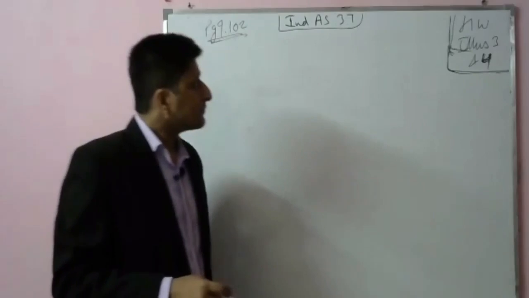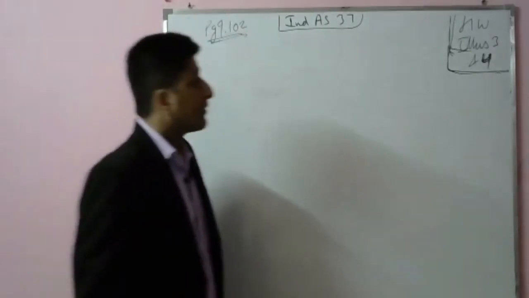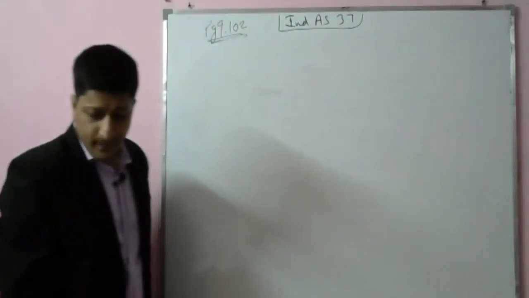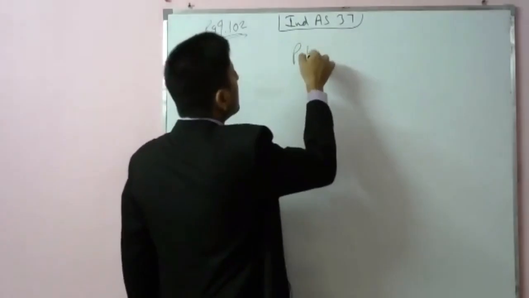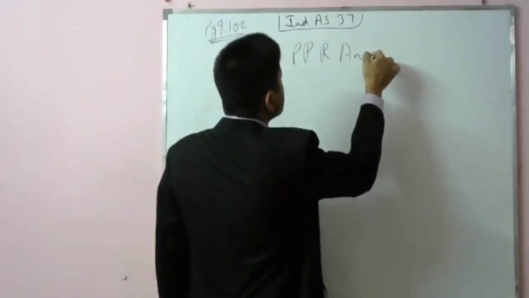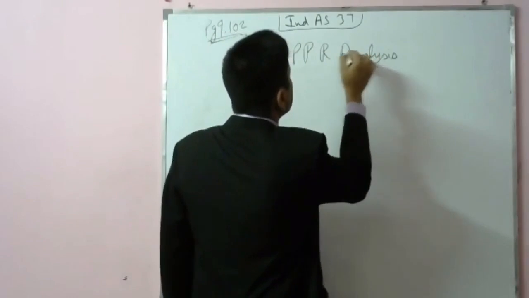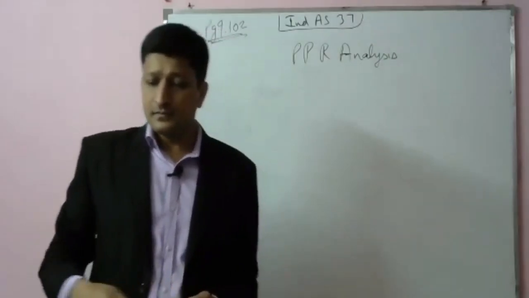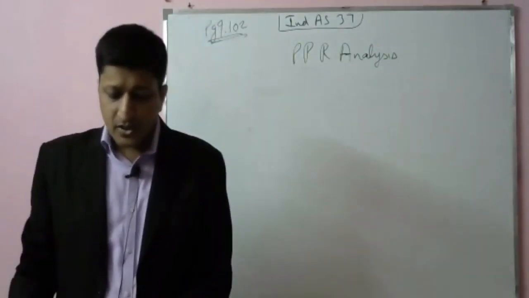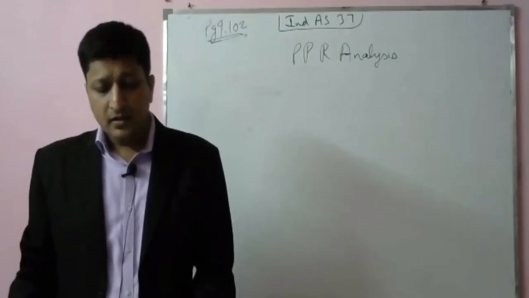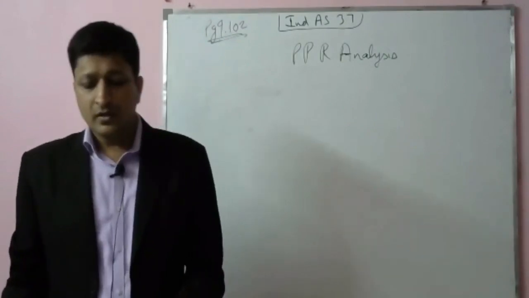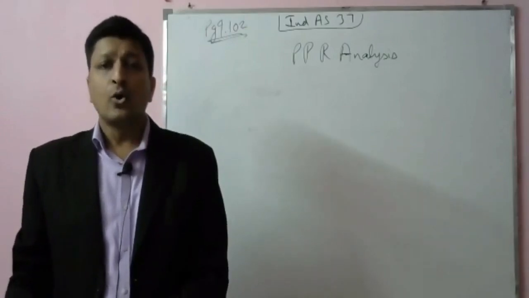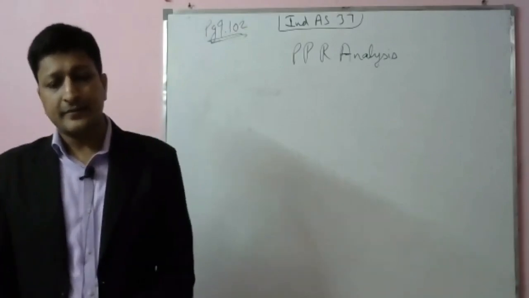There's a concept which you might have heard, which is called PPR analysis. This is something which you need to apply, and basis which you will be able to understand what is provision, what is contingent liability, and in what situation all of these are required to be applied.